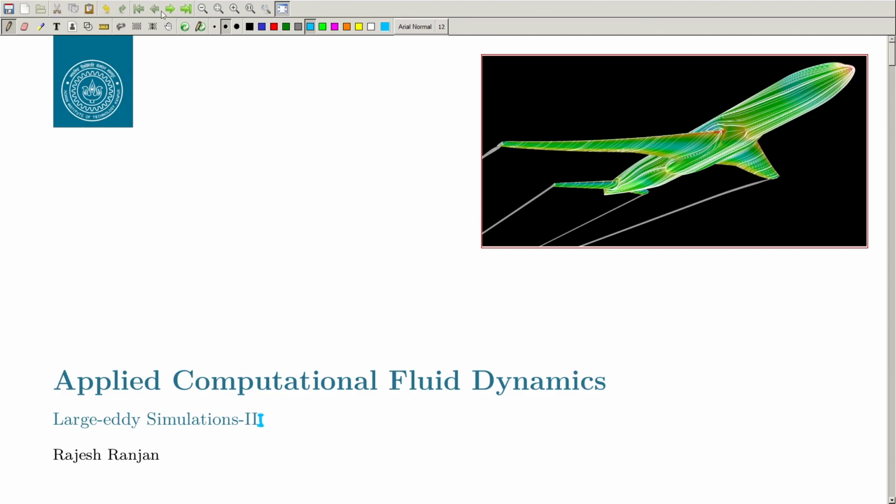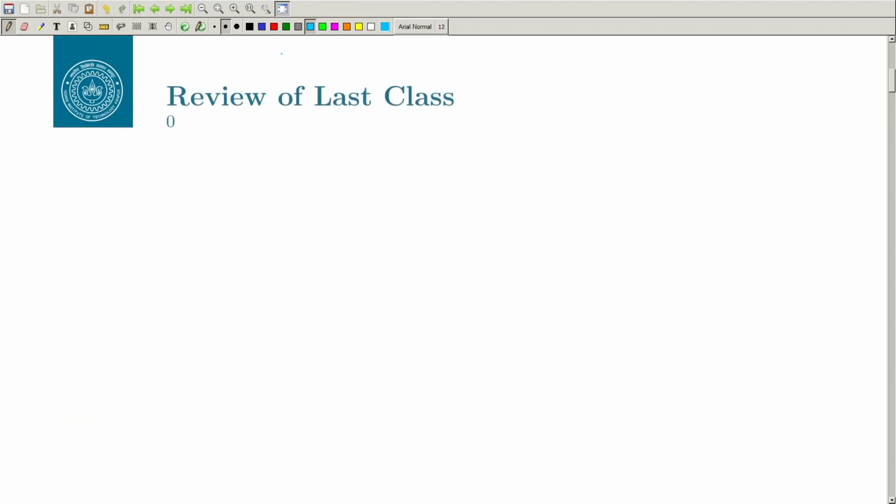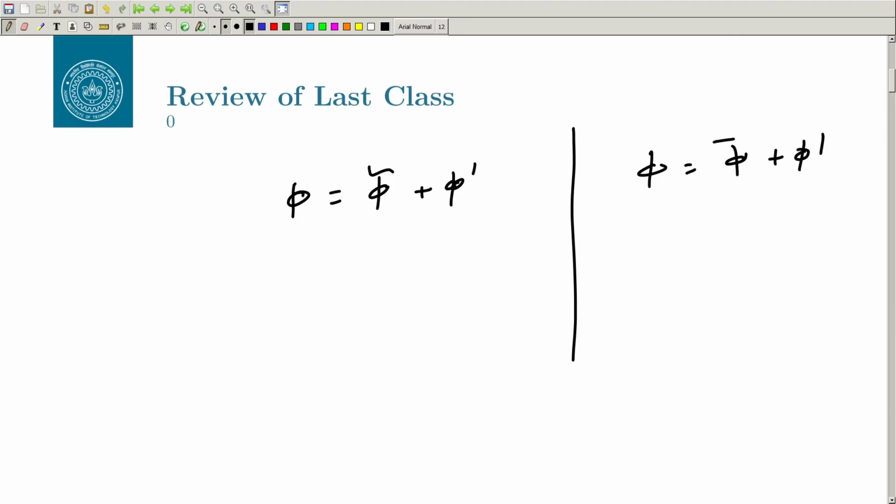We saw that in these filters you can write phi equal to phi tilde plus phi prime. On the other hand, let us say if you want to write phi equal to phi bar plus phi prime. In this case this is turbulence fluctuations, and this is your subgrid scale fluctuations.